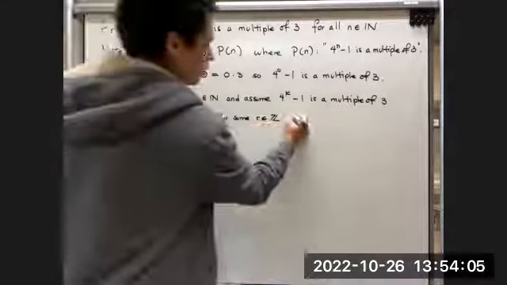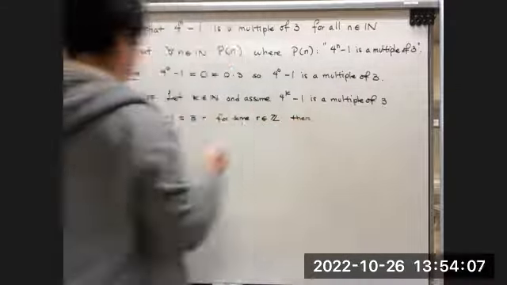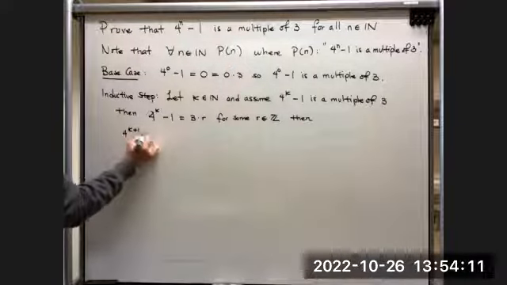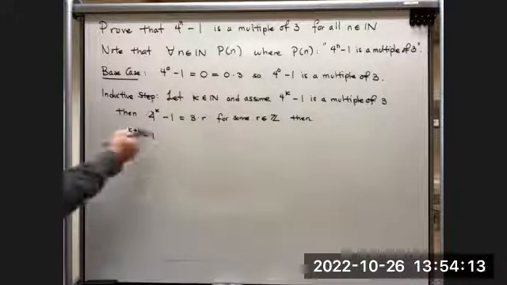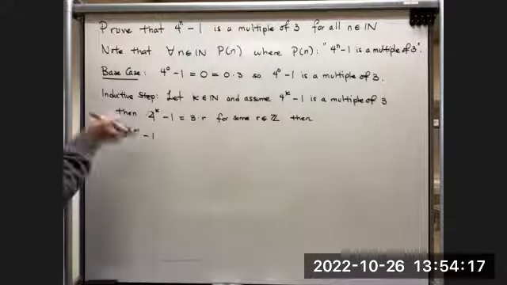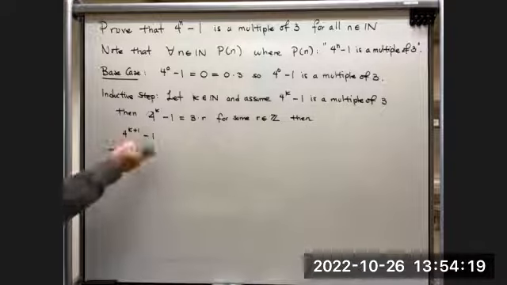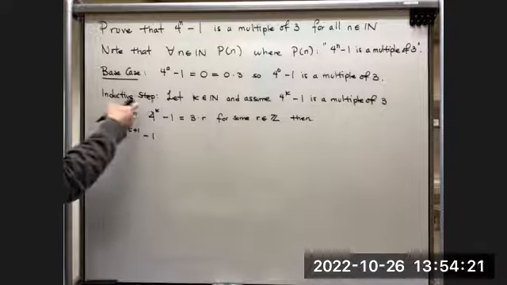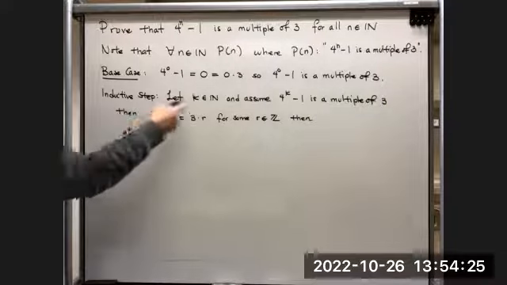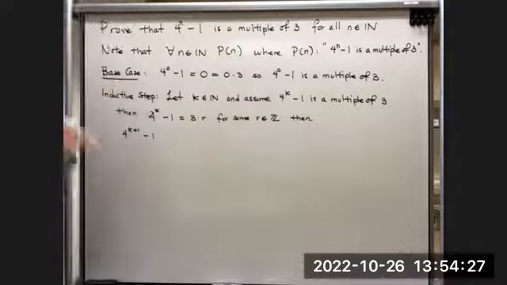Right? Well, then I have 4 to the power of K plus 1 minus 1 should be written at some point as 3 times some other integer. The question is which one? Well, in any proof by induction, especially in the inductive step, we would like to be able to introduce the assumption.